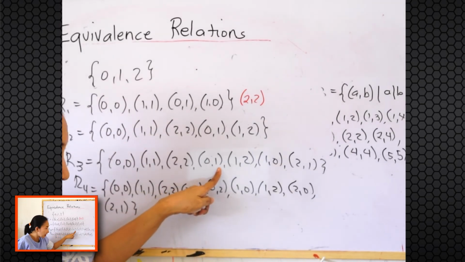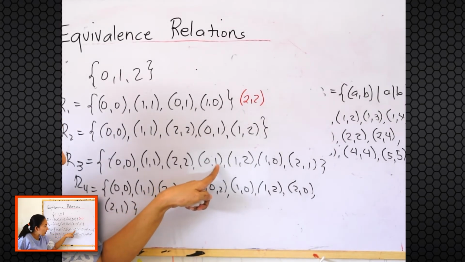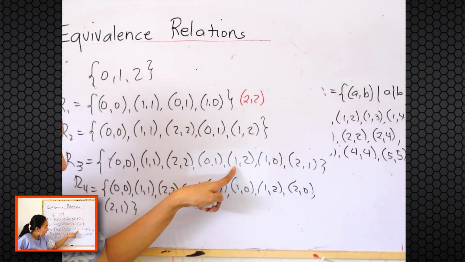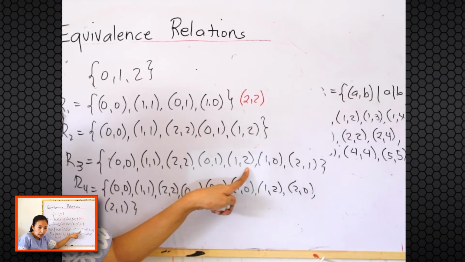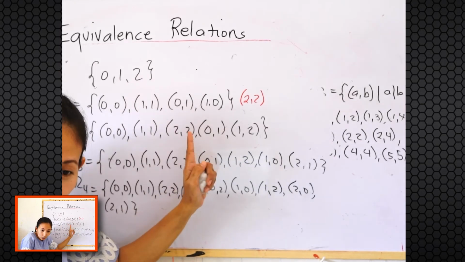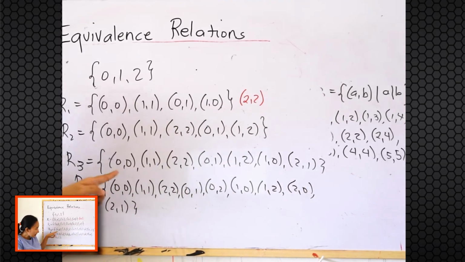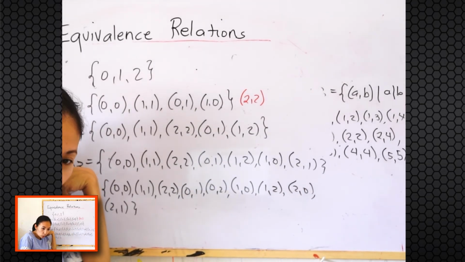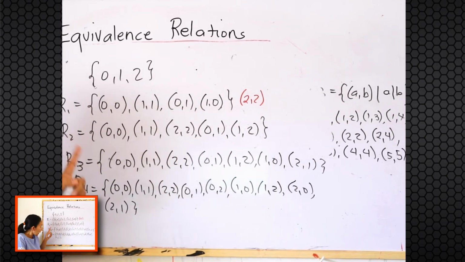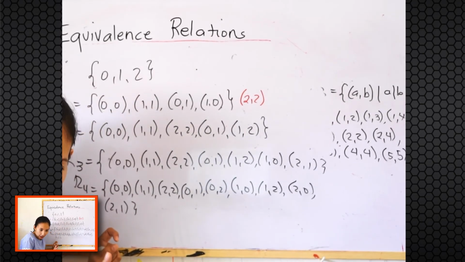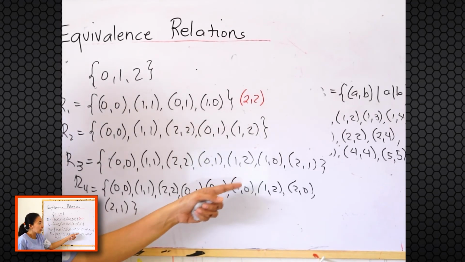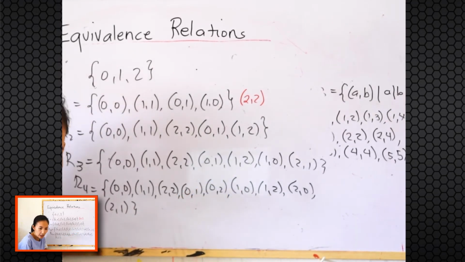To check on transitivity, 0 is related to 1, but 1 is related to 2. Therefore, by transitivity, there should be (0,2) if it is transitive. But look at the list. Is (0,2) a member of the relation? It's not. Therefore, this is not an equivalence relation.